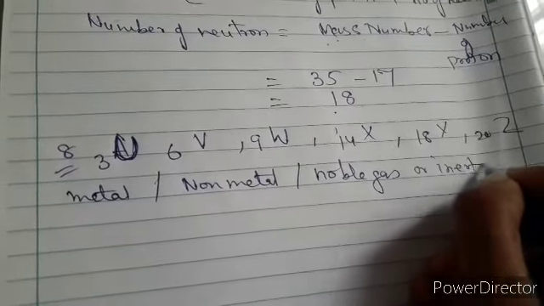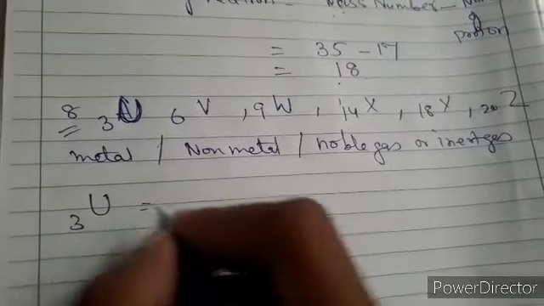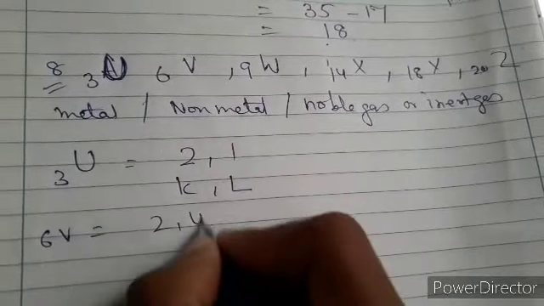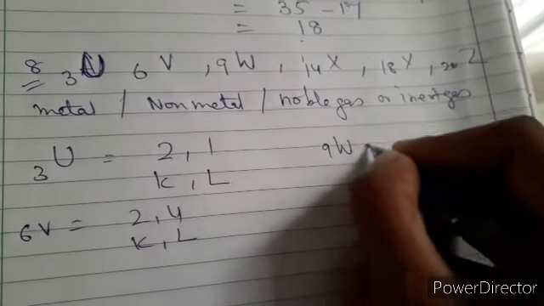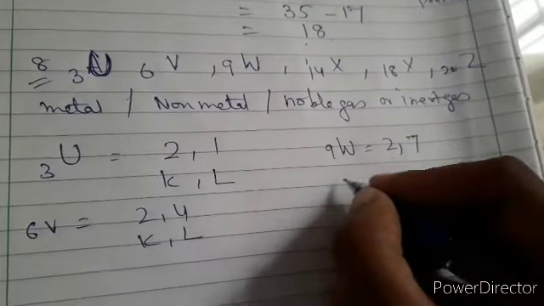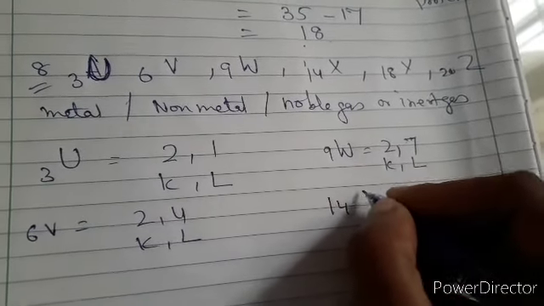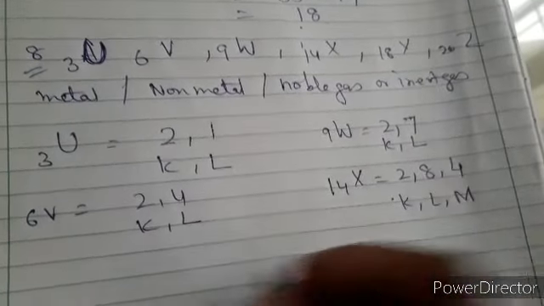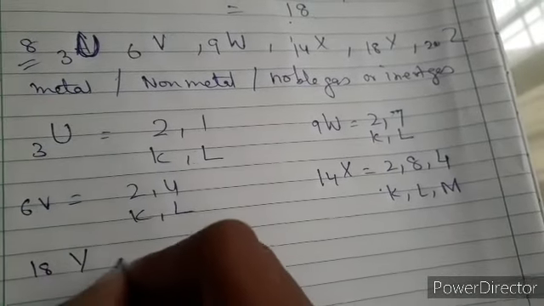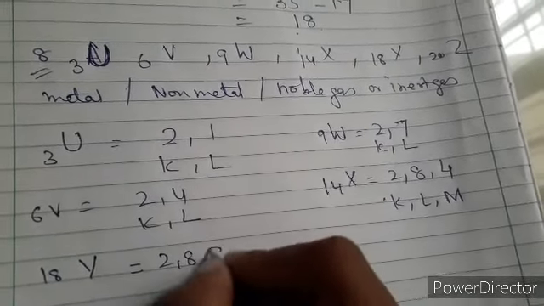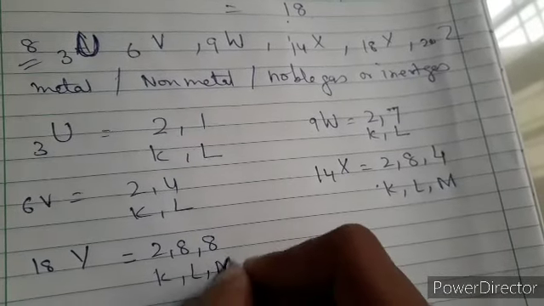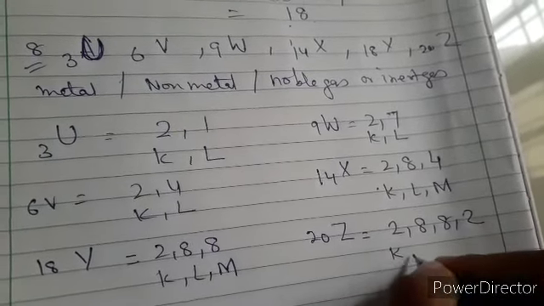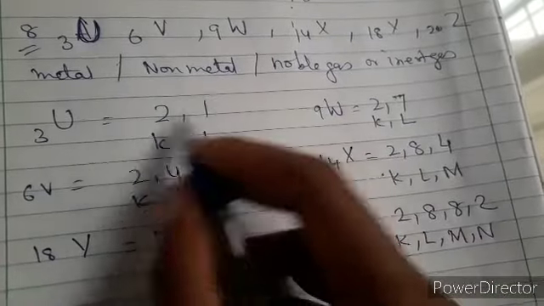Okay, so what is your duty? Start writing its electronic configuration. 3 is 2,1 in K, L. Then 6 B is 2,4 in K, L. 9 is W, 2,7 in K, L. Then X is 2,8,4 in K, L, M. Then 18 is Y, 2,8,8 in K, L, M. 20 is Z, 2,8,8,2 in K, L, M, N. I think I have written all of them.